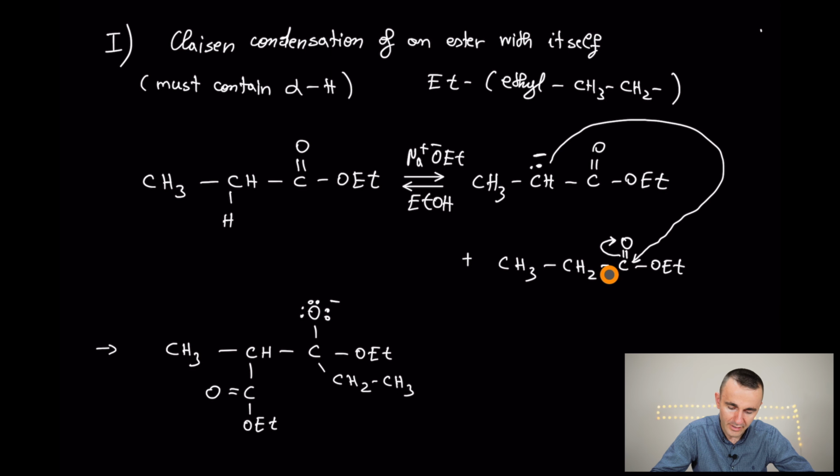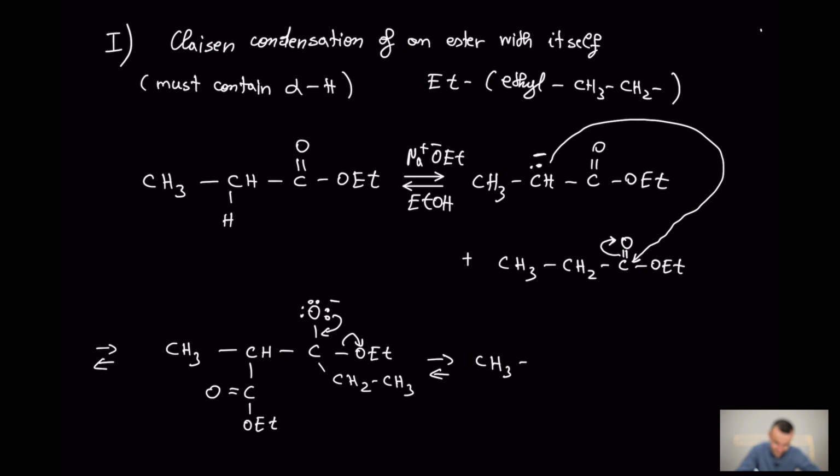Right, so now the difference between the aldol condensation and Claisen condensation comes here. In the aldol condensation, if you watched my previous video, you had a protonation at this stage, but here we do not have the protonation. This is an alkoxide intermediate and you're going to have the elimination of an alkoxy group. So this is going to move here and this is going to go away, right?